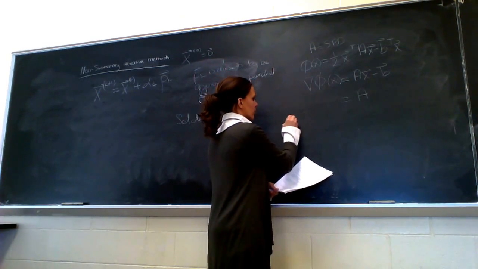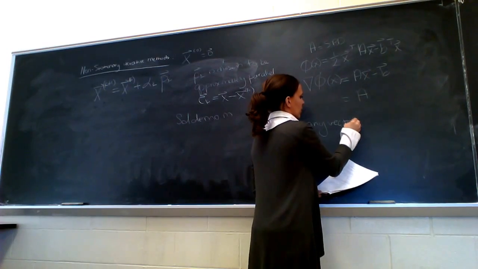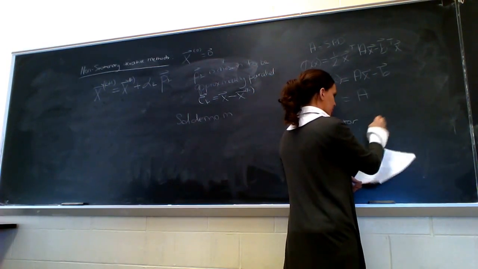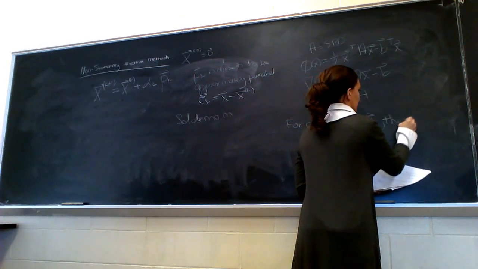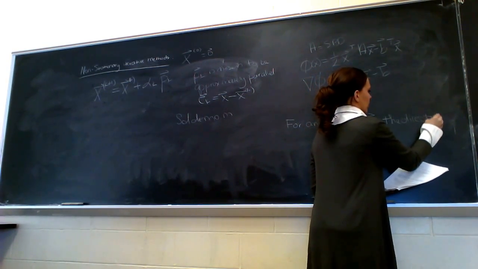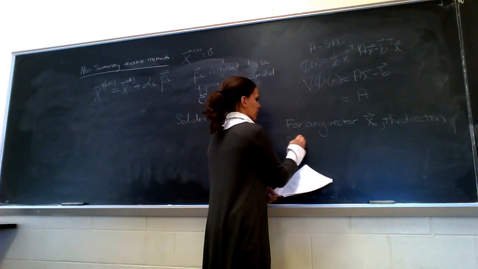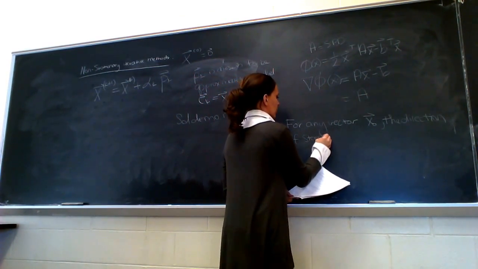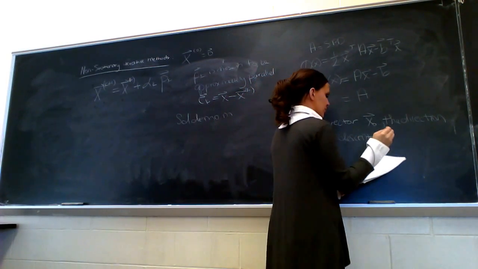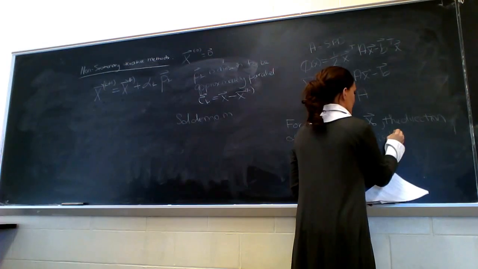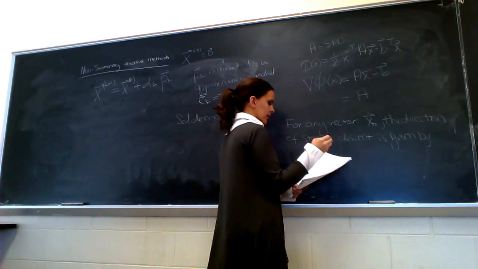So we have that for any vector x sub 0, the direction of steepest descent is given by the following.